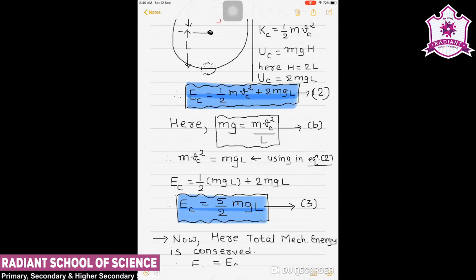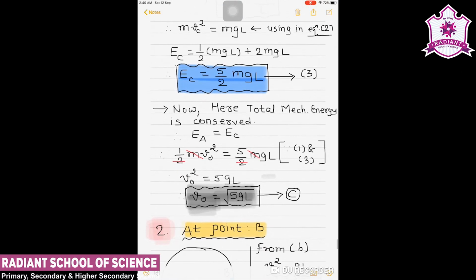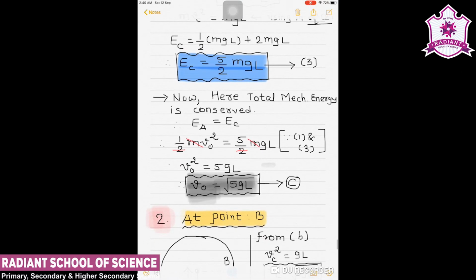Now we know that mechanical energy is conserved. So the mechanical energy at point A equals the mechanical energy at point C. Now we can compare them.